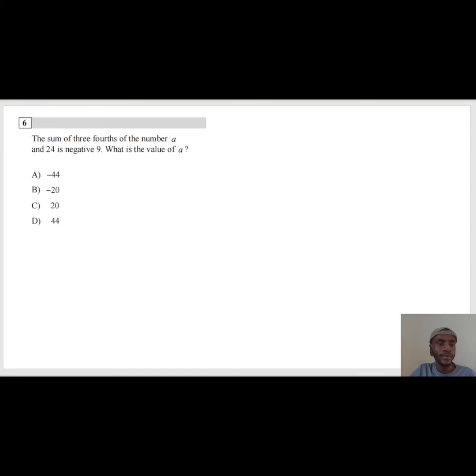Alright, let's move on. The sum of 3/4 of the number a, 3 over 4 times a, and 24 is equal to -9. So that's 3a over 4 equals -9 minus 24.